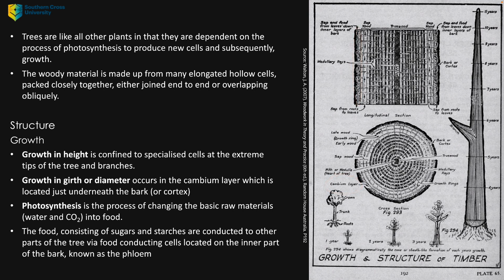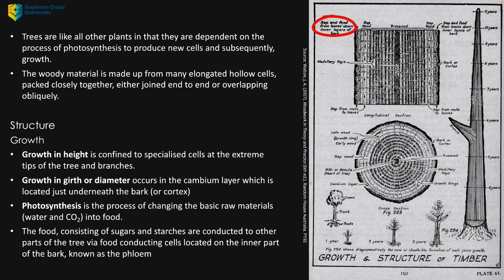Now photosynthesis is a process of changing the basic raw materials, water and carbon dioxide, into food. And the food, which we will often call sap, consists of sugars and starches, and they're conducted to other parts of the trees via food-conducting cells located on the inner part of the bark, known as the phloem.